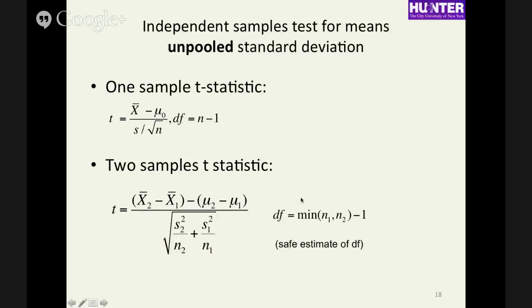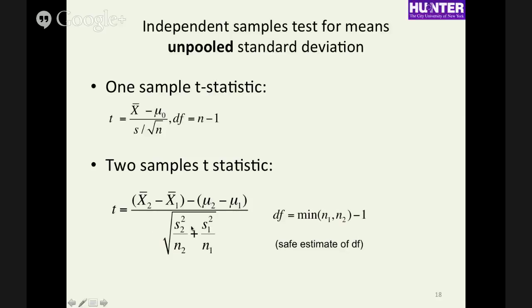Now, going to two samples, look at this. It's almost the same again. Instead of just x bar, it's the difference between the two sample means minus the difference in population means under the null hypothesis. And this would often be 0. Often our null hypothesis is that mu1 equals mu2, that there's no difference in the means.